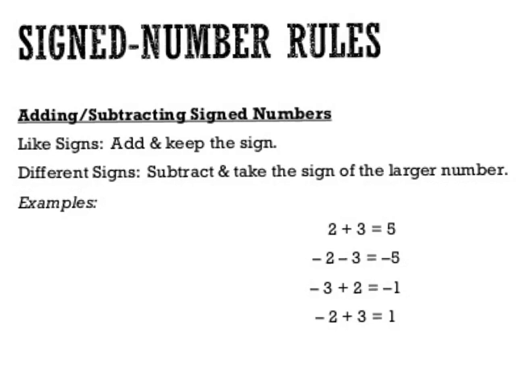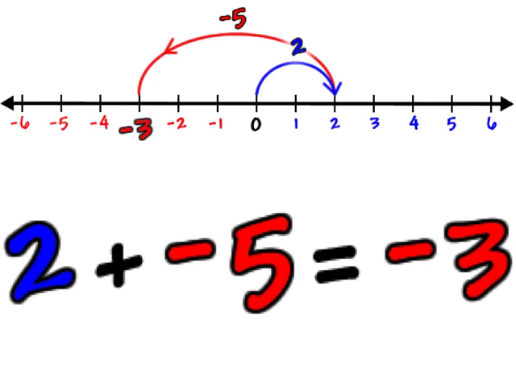Alright, let's look at some number lines. This should help you visualize this whole thing. If I start from 0, always start from 0, and I go +2, which is 2 units to the right of 0, and then I go -5, what I'm actually doing is subtracting 5.